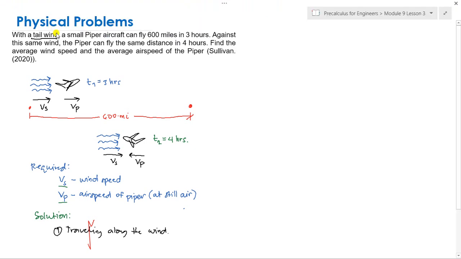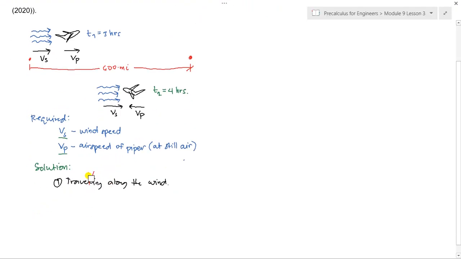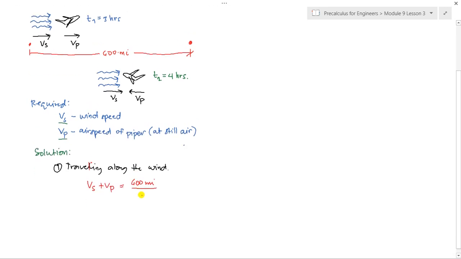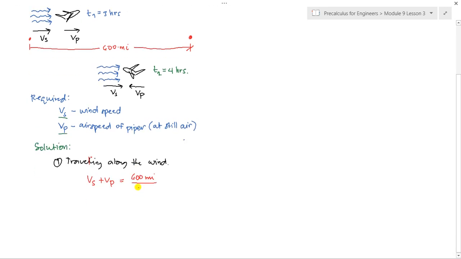So that is Vs plus Vp, the total velocity, equal to the distance covered, 600 miles, over the time, 3 hours.